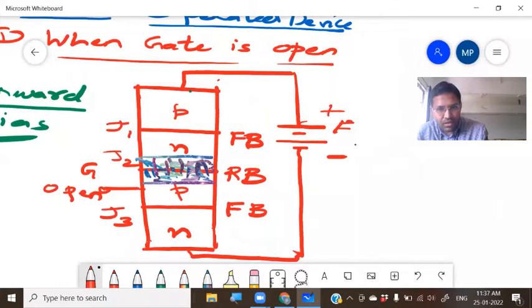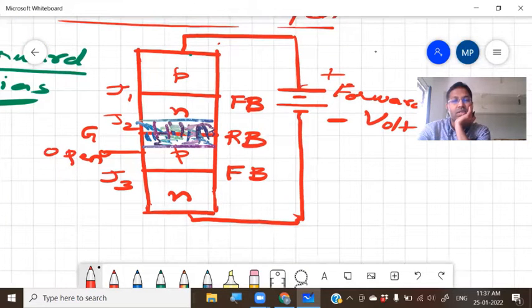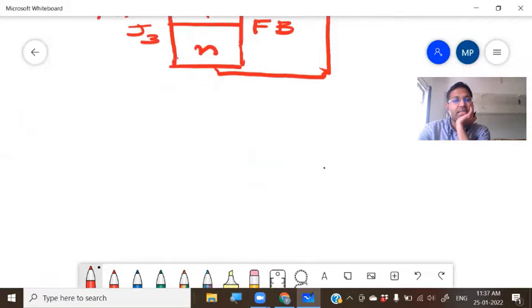This is the forward voltage. Now we will consider what happens if we gradually increase this forward voltage. So the x-axis I will draw.